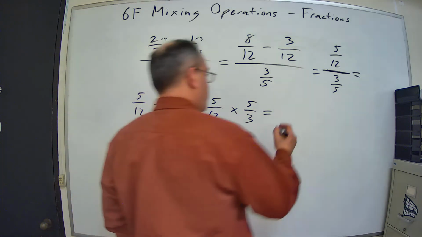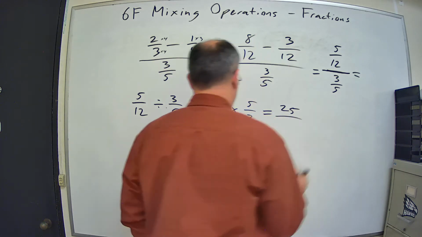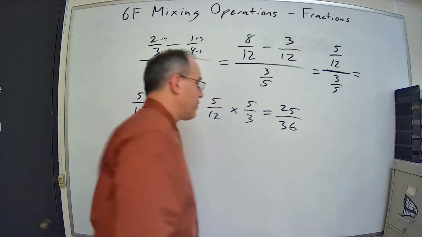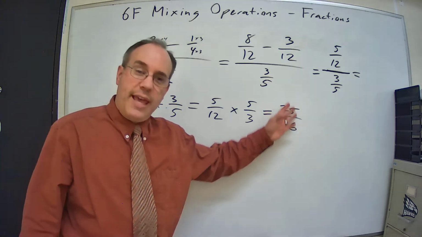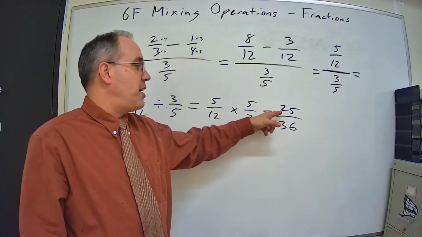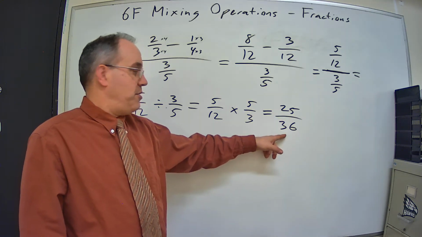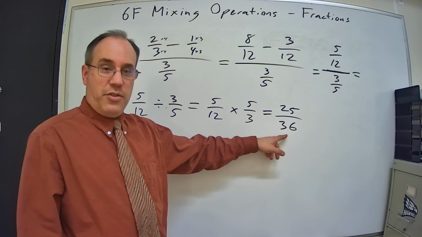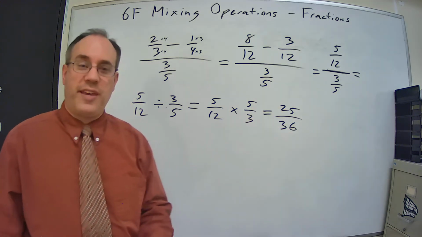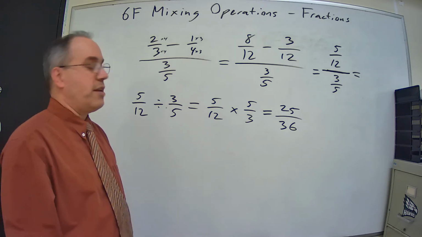So 5 times 5 is 25, and 12 times 3 is 36. And then if we can, we simplify, but in this case, that's 5 times 5, that's 2 times 2 times 3 times 3. So there is no simplification there. We're left with 25/36.